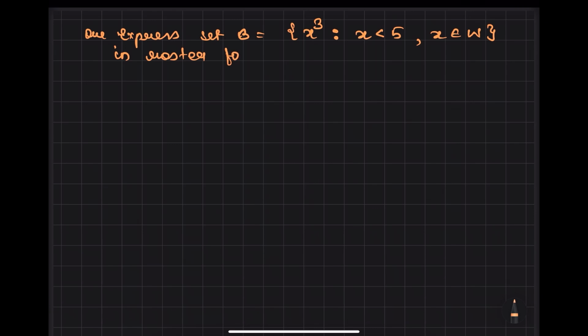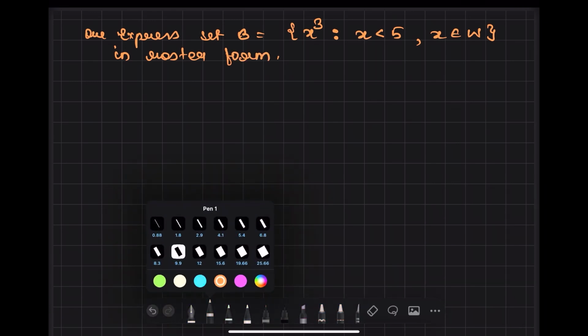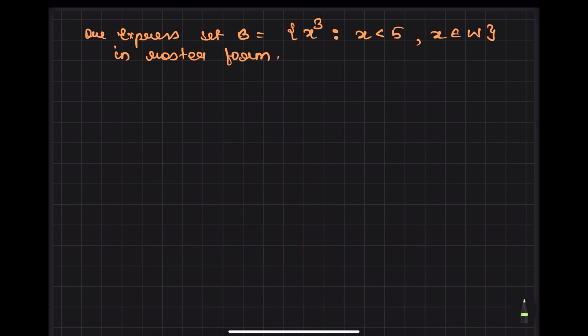roster form. So you know that you have to use individual elements. So what is your first whole number? First whole number is 0. So 0 cube is what? 0. So write 0. Then second whole number is 1. 1 cube is 1.